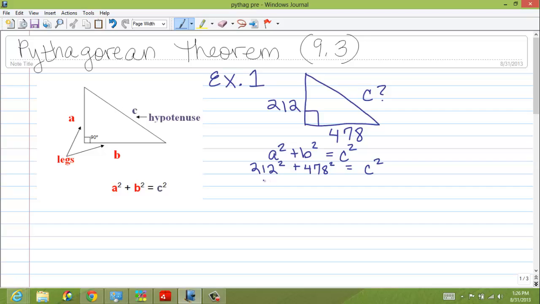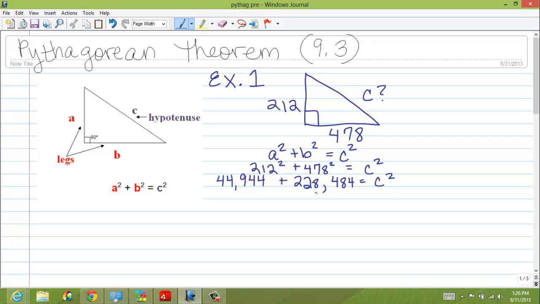And now we go ahead and simplify, evaluate the powers. 212 squared is 44,944. We add that to 478 squared, which is 228,484. And that equals c squared.